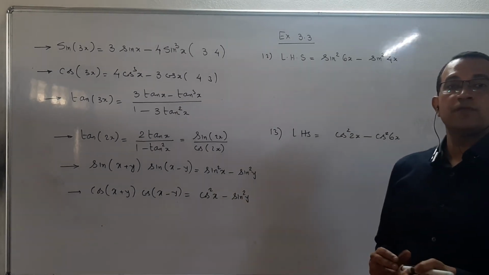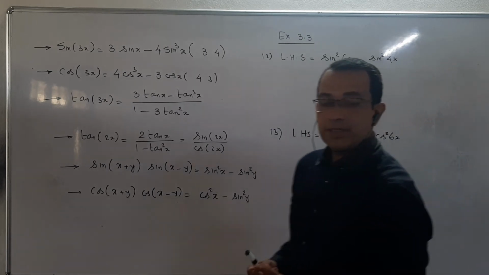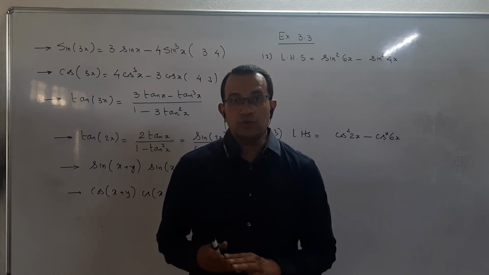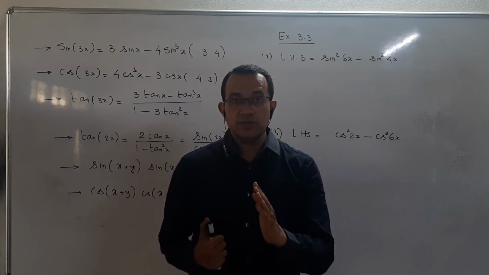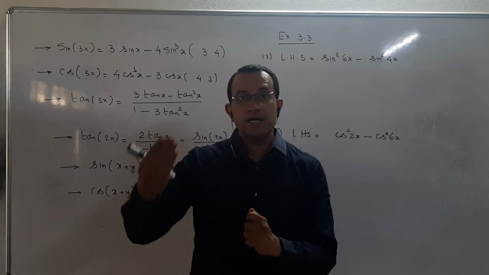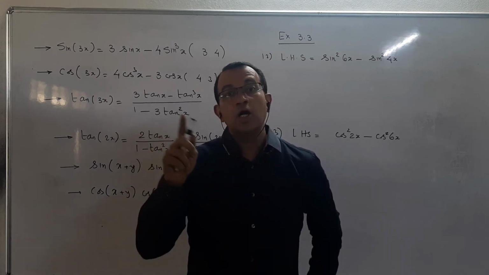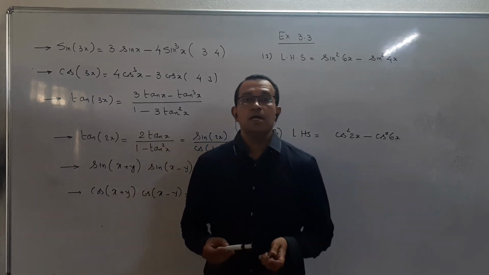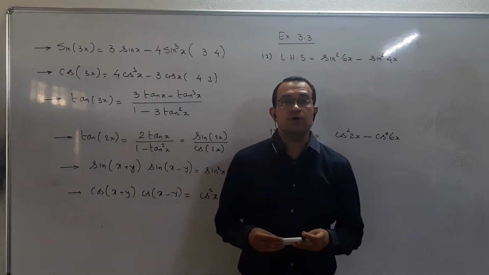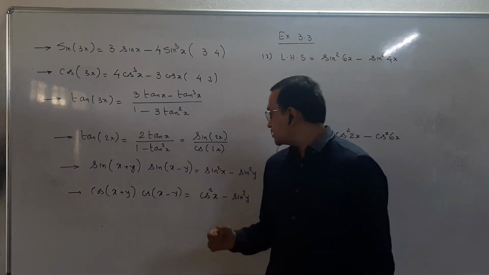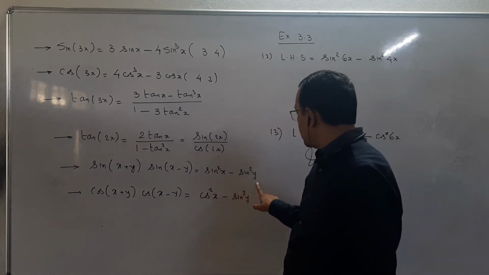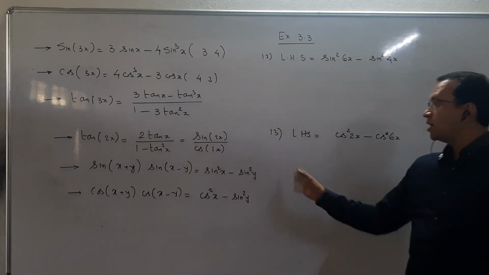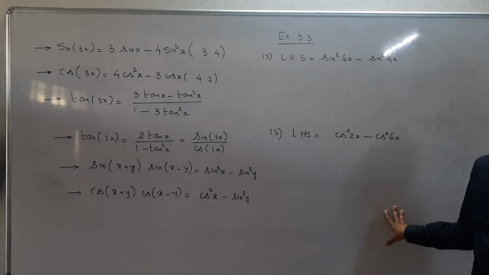Students, first of all, in trigonometry, you have to understand the question, check what is RHS, and according to RHS, you should be applying the formula. Now, what is the formula of sin square x minus sin square y? Sin of x plus y into sin of x minus y. Both sides of the formula I can use.